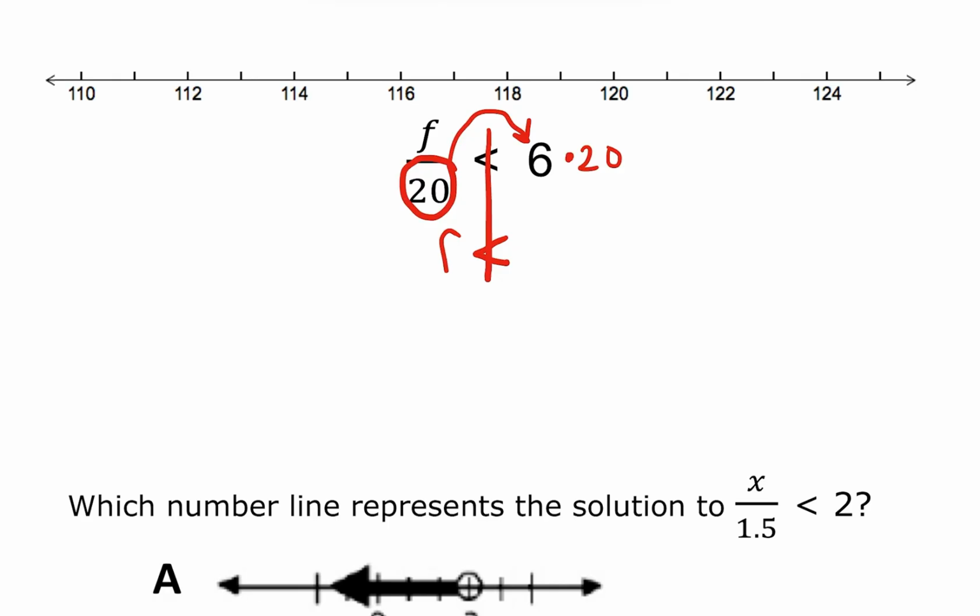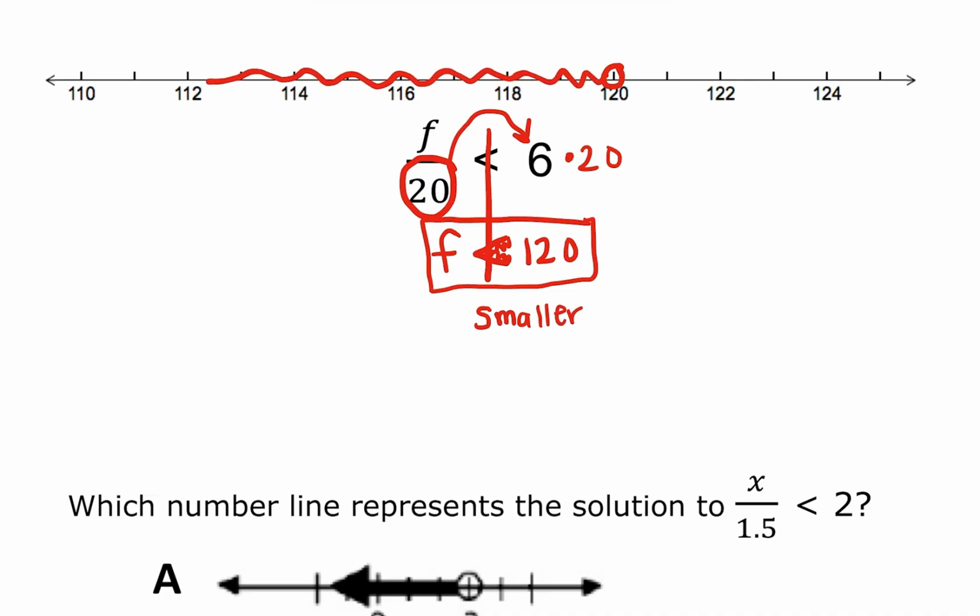So we would have f, and then 6 times 20 is 120. So on the number line, we have 120. I only have just a regular alligator, so open circle. And then we need to ask ourselves, is f bigger or smaller? It's smaller or less. So we would be shading this way.